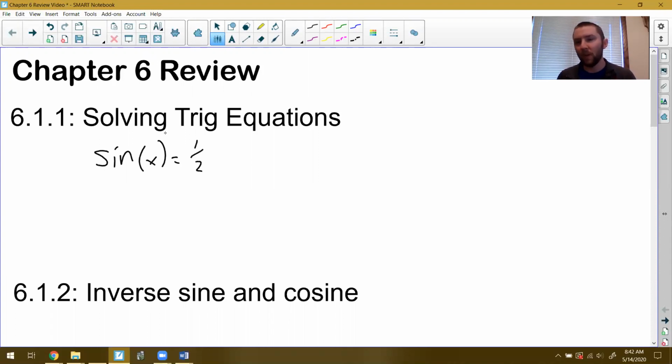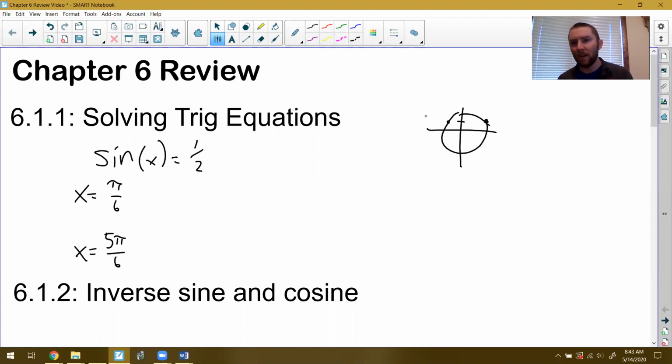This we can solve for the values of x, the angles from the unit circle that have a sine value of 1/2. If we go to the unit circle, sine is 1/2 at this point and this point. So this is our old friend pi over 6, and also 5 pi over 6. Those are the two possible answers.